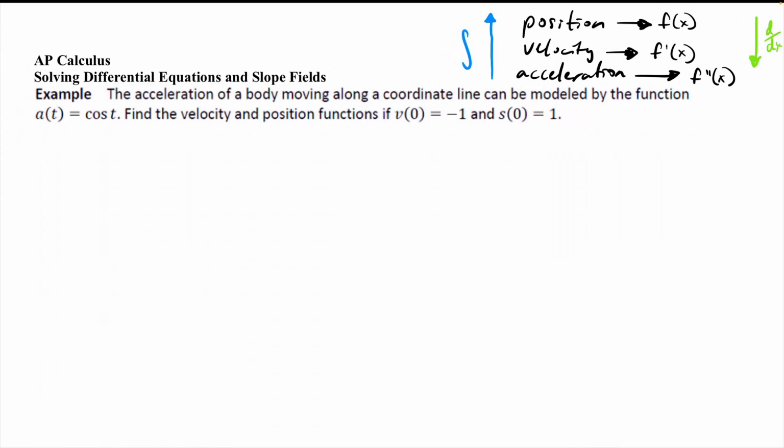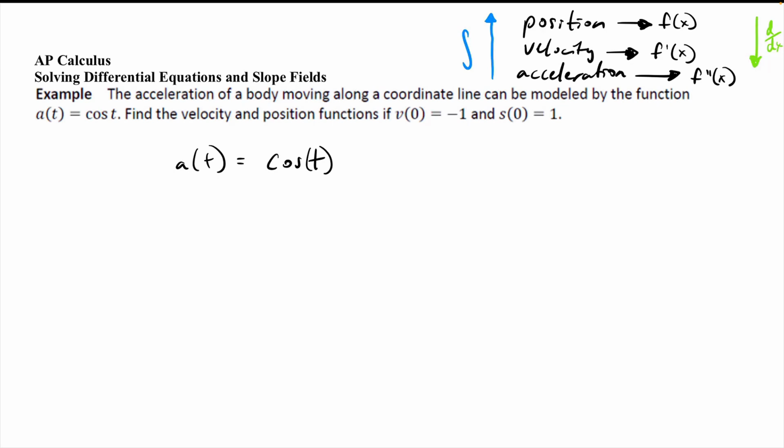Okay, so where do we start? My question is, where do we start? Acceleration, because that's what they've given us, right? They said acceleration. So you can label it a of t, cosine of t.